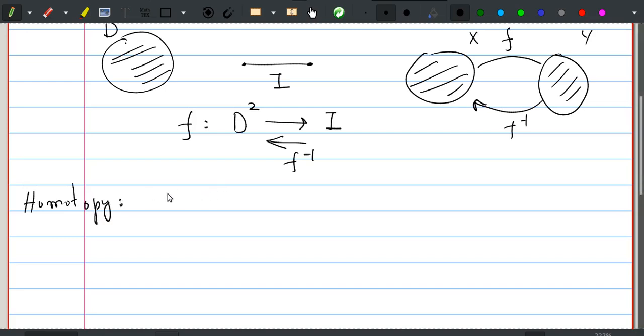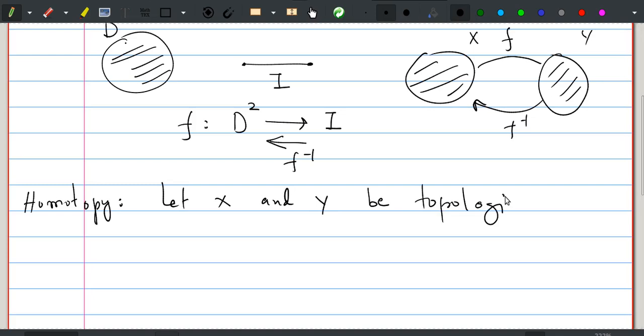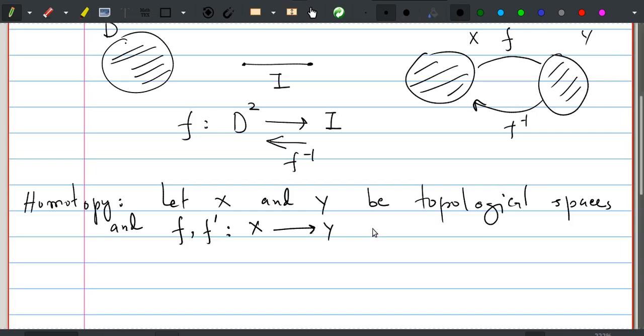So let us consider two topological spaces X and Y. Let X and Y be topological spaces, and f and f prime be continuous maps from X to Y. They are given to be continuous.